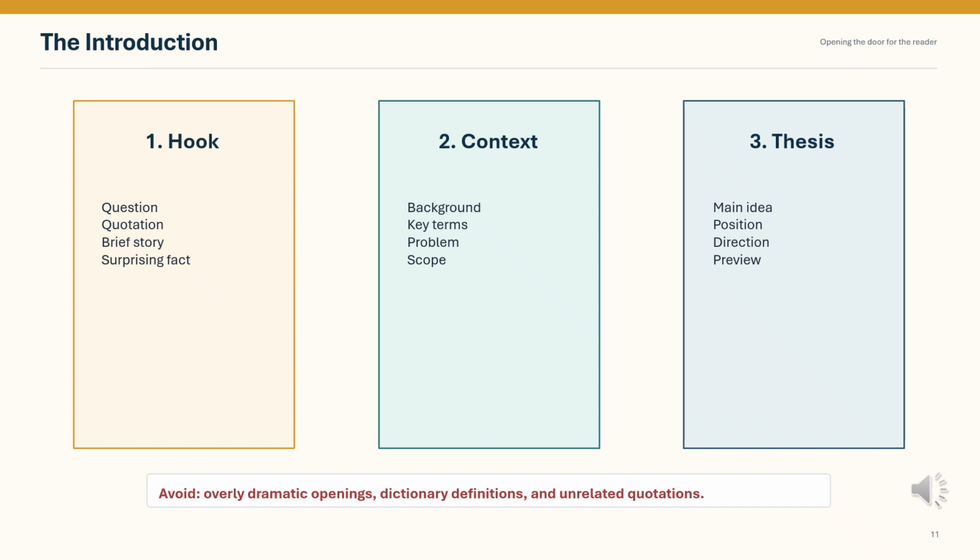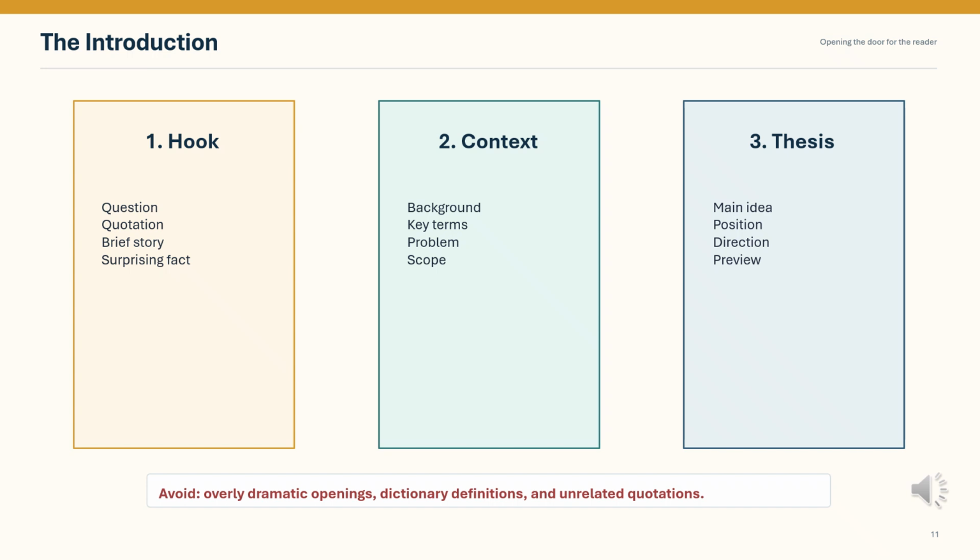Finally, we may write a thesis, that is the main idea, the position of the essay, as how communication skills help engineers present ideas clearly and also work effectively as a part of a team and succeed in professional interviews. So this is about the three parts of the introduction.